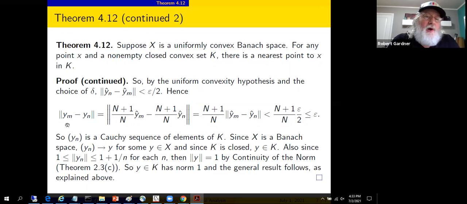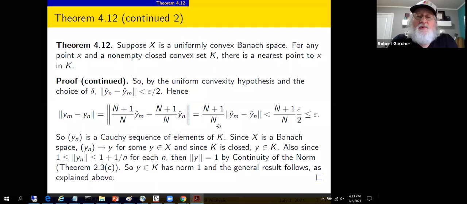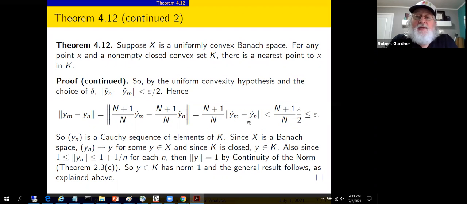So if we look at the norm of y sub n minus y sub m, no hats, those were defined in terms of the hatted y's as given here. We can bring the n plus 1 over n out. The norm of y sub m hat minus y sub n hat, we had that less than epsilon over 2. And this is less than or equal to epsilon. When n equals 1, this factor would be 2, and we get epsilon out.